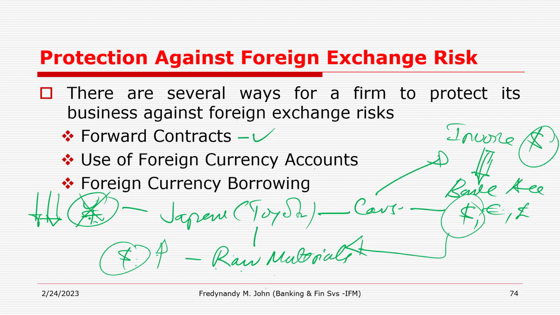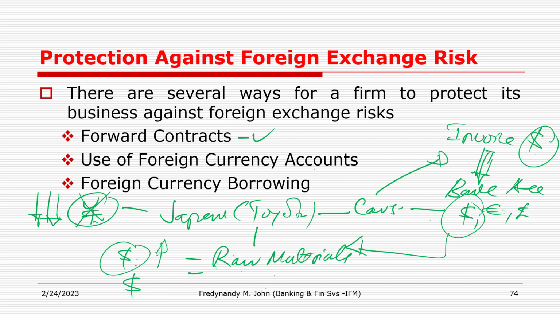Why do they refuse payments to be done in Japanese yen? Because a dollar is stronger than the Japanese yen. And they can use dollar to purchase raw materials from the world market because a lot of invoices are in USD.